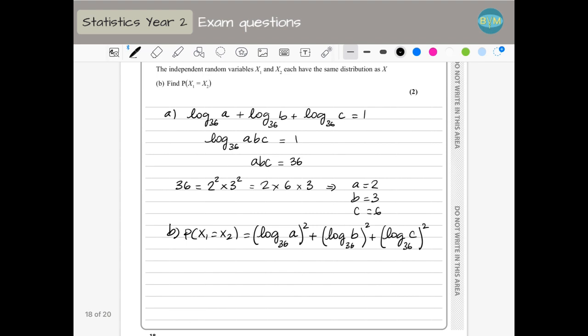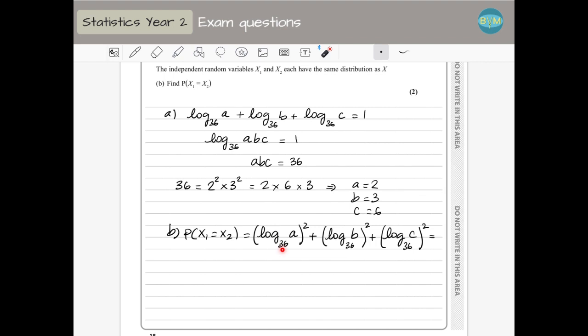It's like when you roll 2 dice and you say the probability of getting two 5s, for example, it will be 1/6 times 1/6. So this is quite similar. And then we just have to find the values with the calculator.